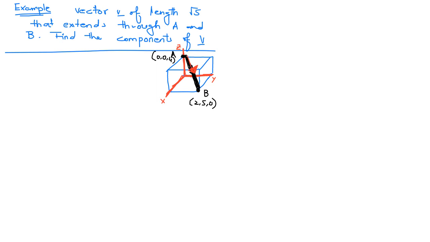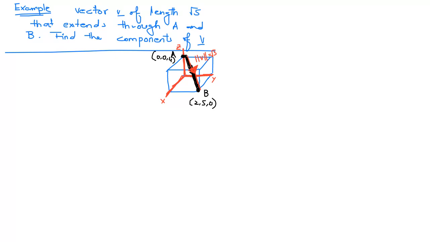This is the vector notation and this is the graph. And this is the mod of vector v, which is equal to square root of 5. That is given. Now we have to find the vector components.